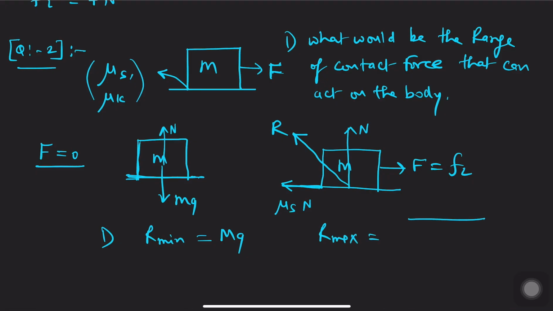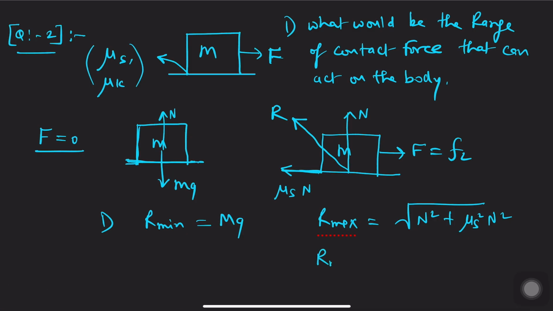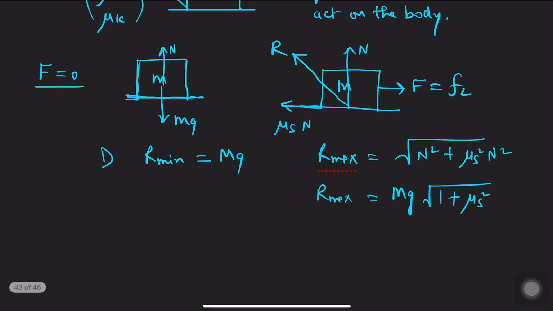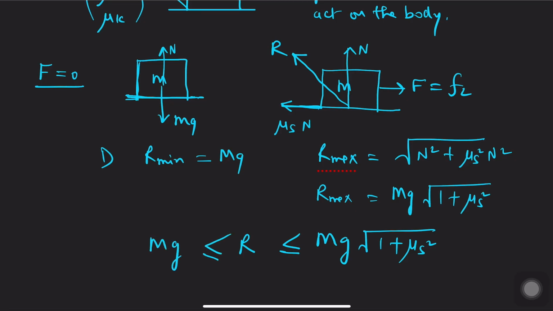So we can say that R maximum possible is the square root of N square plus mu s square into N square. I can take N common, and N is equal to mg, so R max is mg times the square root of 1 plus mu s square. So the reaction force will be less than or equal to mg root of 1 plus mu s square, and it will always be greater than or equal to mg.